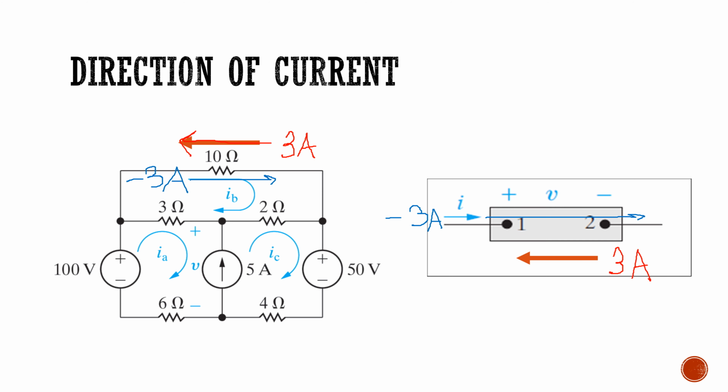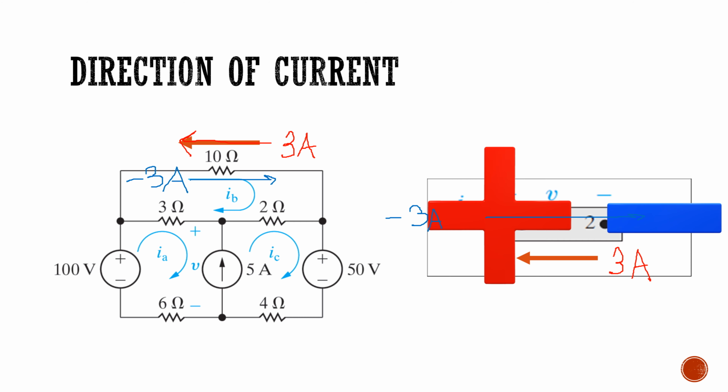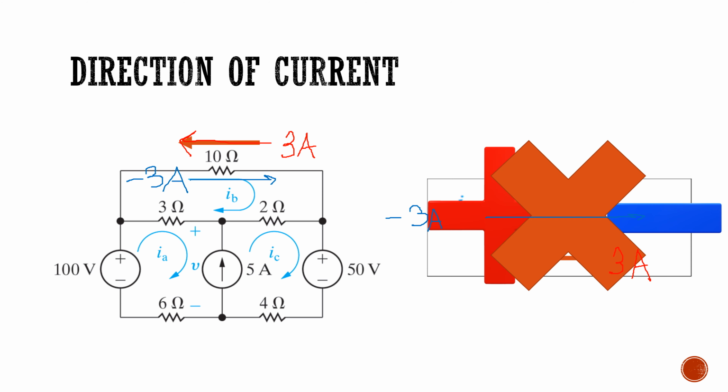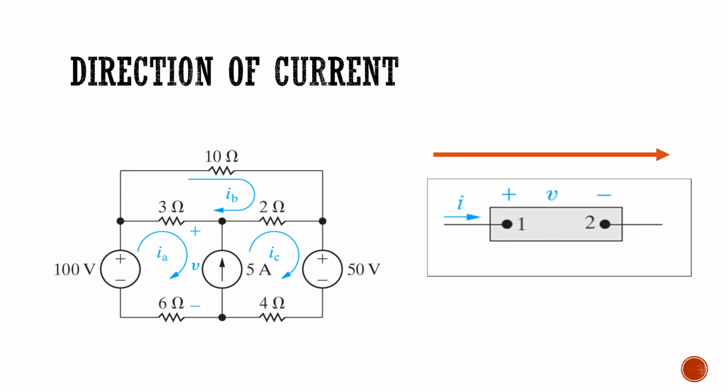Note that there is no net positive or net negative charge accumulating in the circuit element. What does this mean? It means that a positive charge entering the circuit element must be accompanied by an equally positive charge leaving the element.